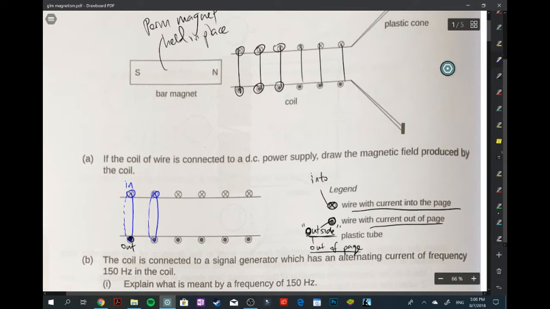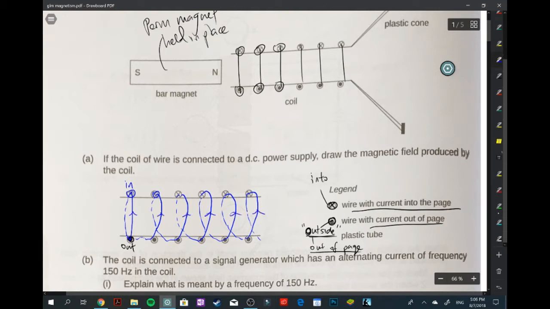Sorry, a bit confusing if I draw it that way, so let me draw in the proper direction. It's coming out and going inside here, coiling around, coming out, going in, coming out, going in, coming out, going in. Use your right hand grip rule, and you'll get that the current direction should be in this manner.